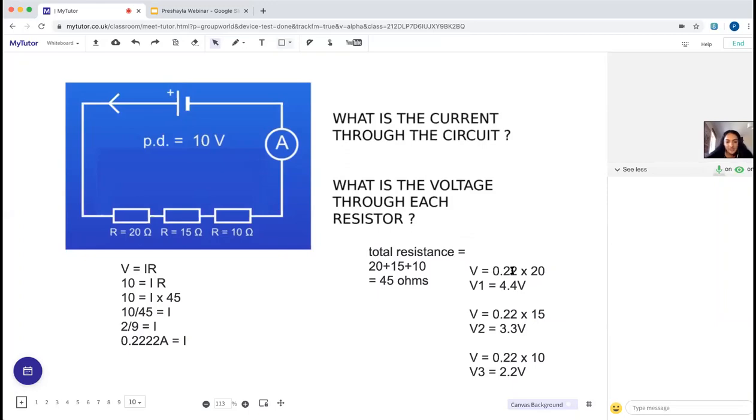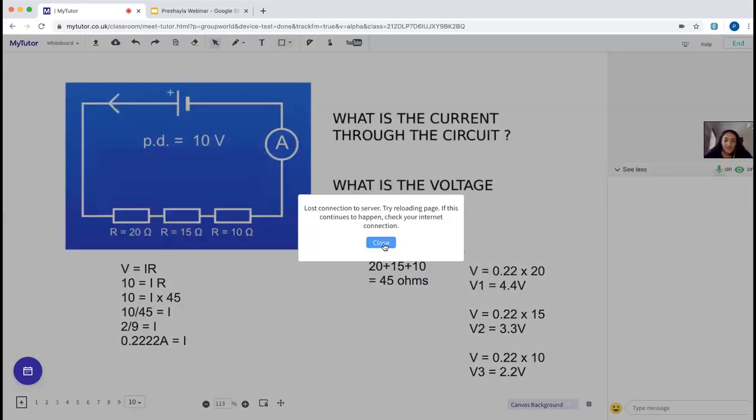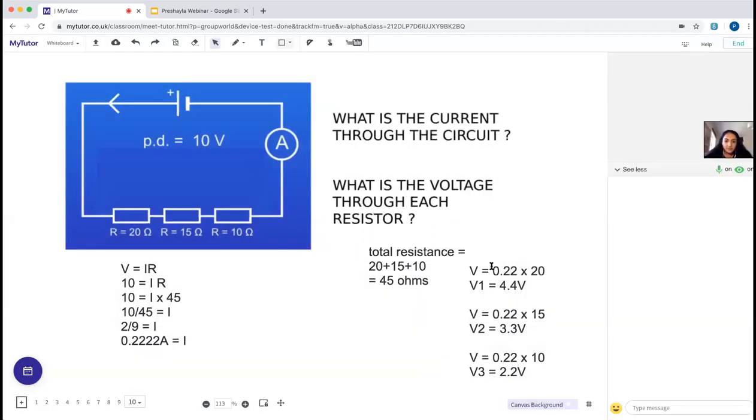Okay, so because we used 0.22 amps, which was a rounded answer, when you add them all up, you are going to get 9.9, and it is 0.1 off of 10 volts, which we should be getting, but don't worry, it's literally only because we used a rounded answer.